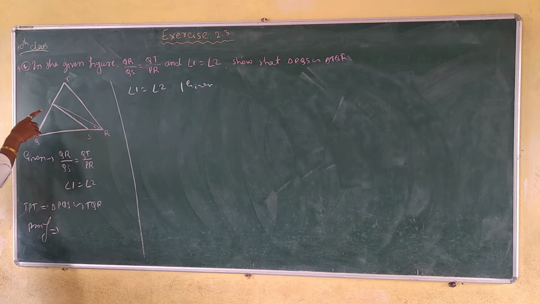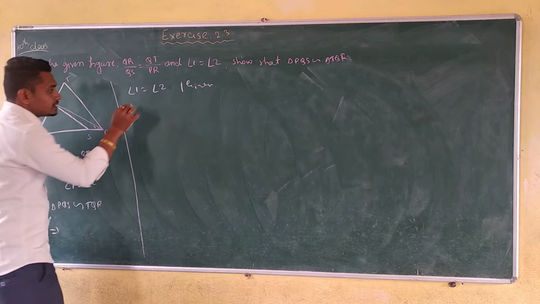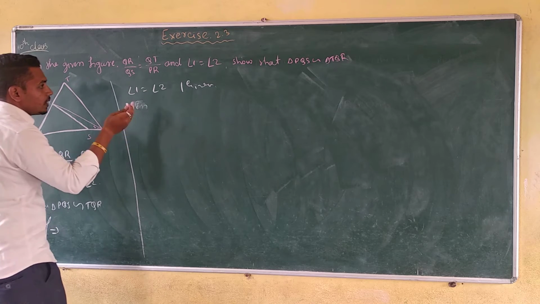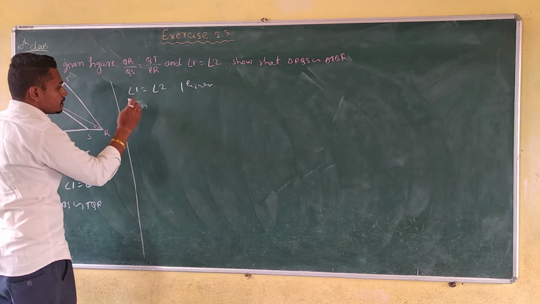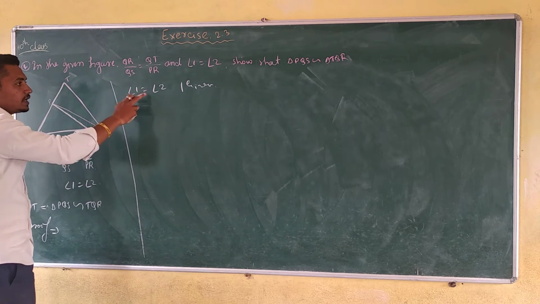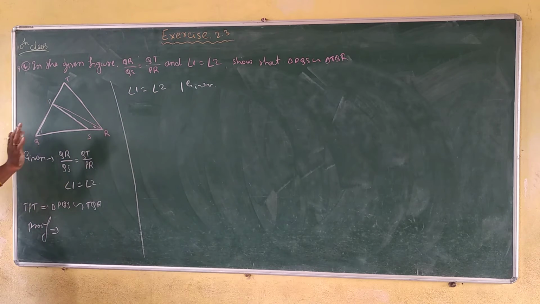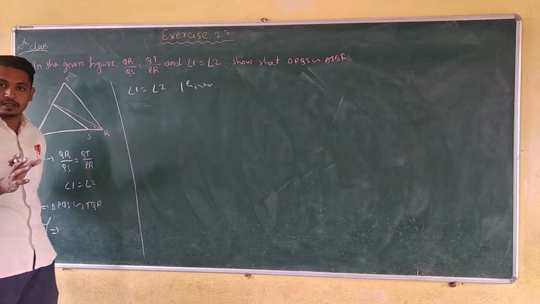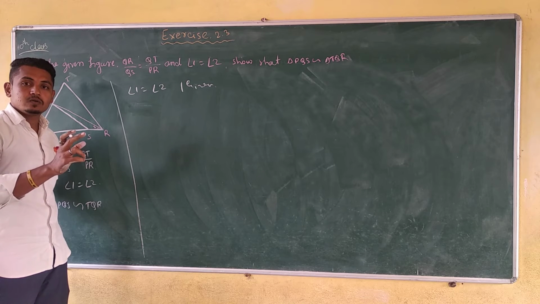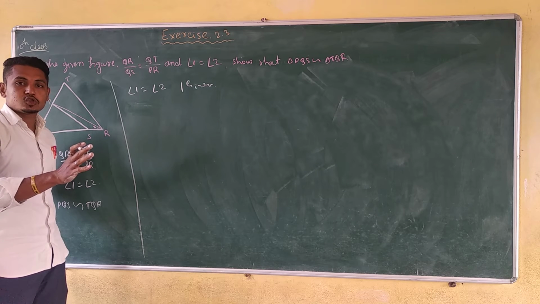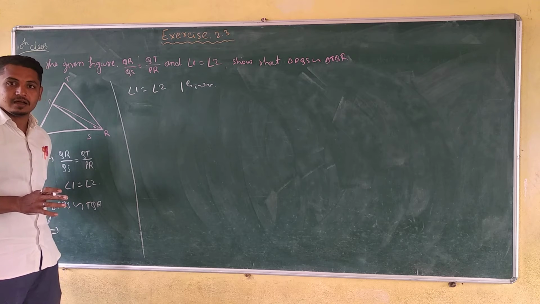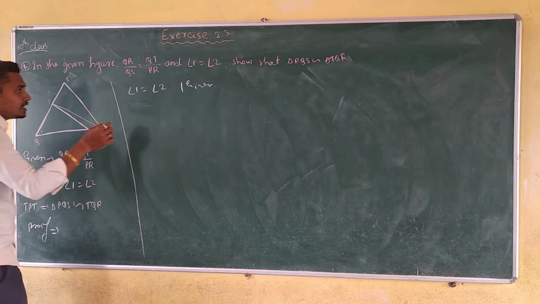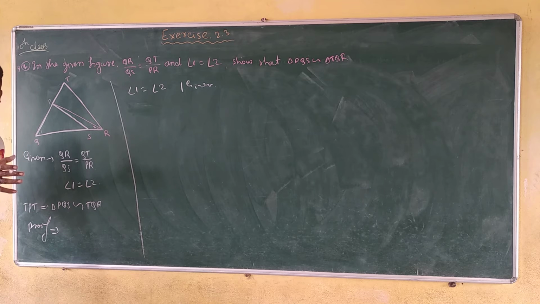So therefore, in triangle PQR, if two angles are equal to each other, that triangle we have to call an isosceles triangle. Is it right? An isosceles triangle has two sides equal to each other.